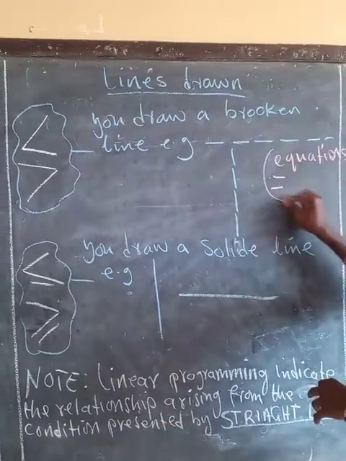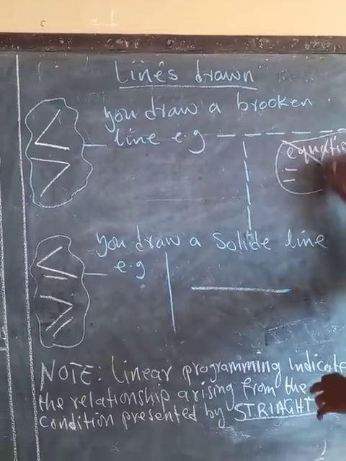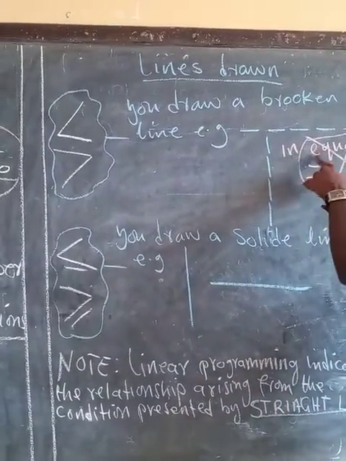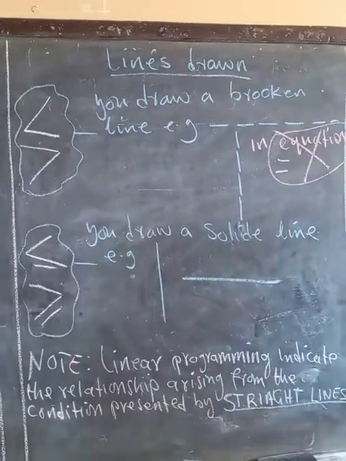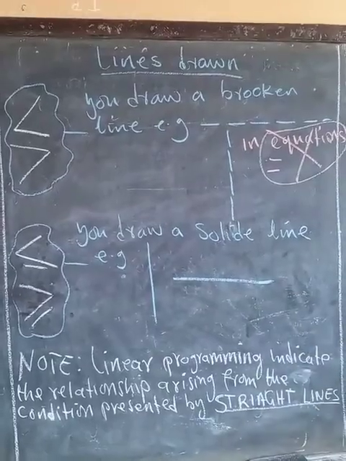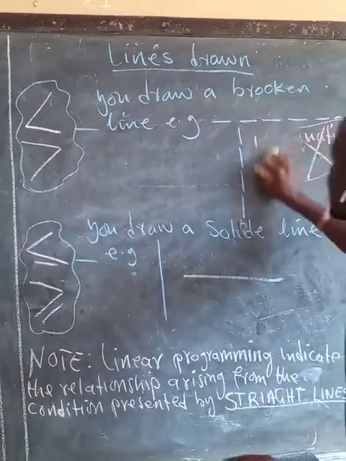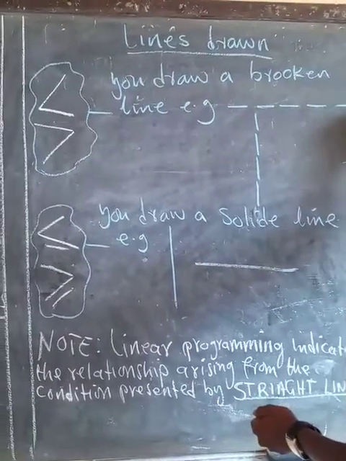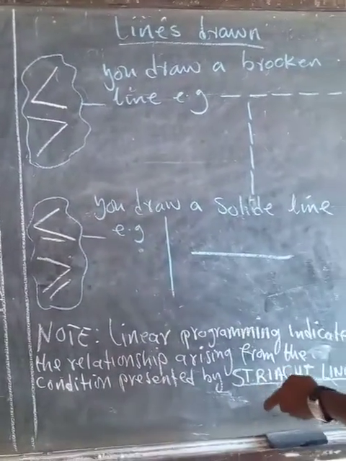But in this case, we are not dealing with equations. We are dealing with inequalities. Henceforth, this will not be applicable in this lesson. So what we are going to do now is to understand the lines that are drawn when you have those 4 symbols in linear programming.